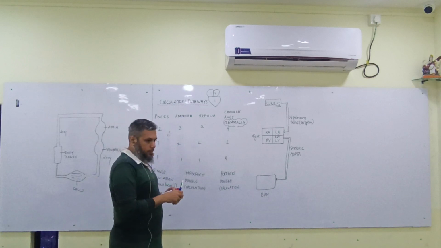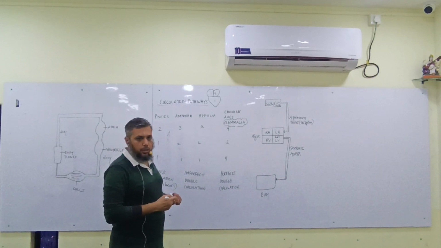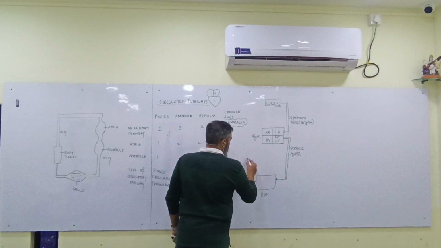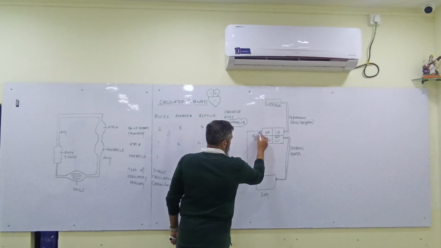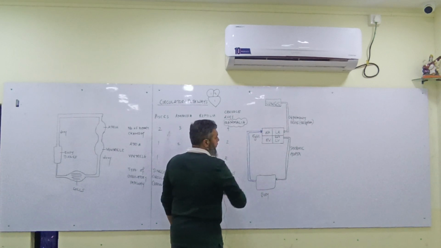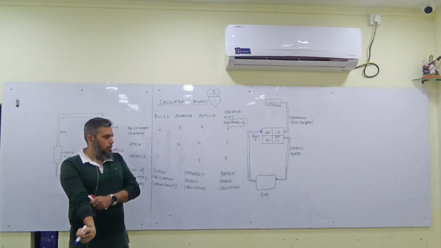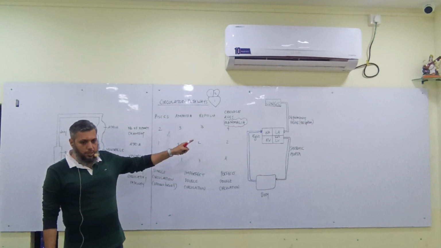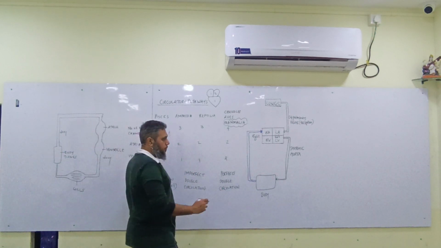Then the body will use the blood, it will become deoxygenated, and the deoxygenated blood will flow where? Right. Into the right atrium. Okay? So the right atrium receives which type of blood? Deoxygenated blood.